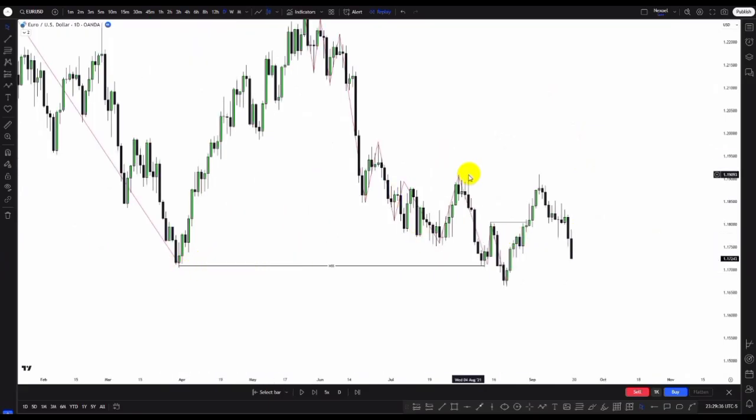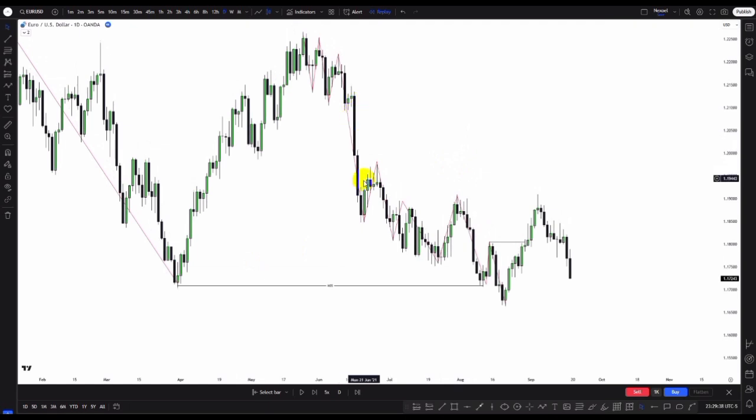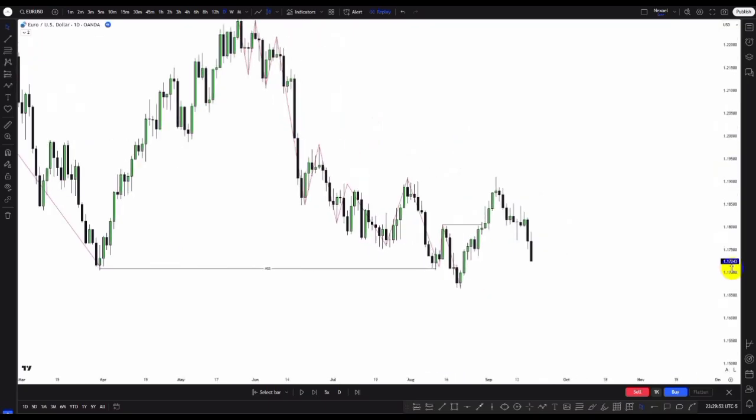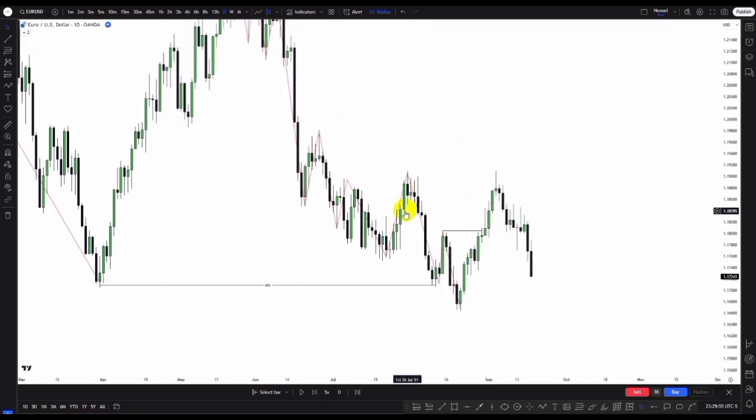And you can see we have fair value gaps here and here. The movement of price to the upside had the possibility of returning back into this fair value gap. But basically, the institutions will still move price just the way they want to. We can see they respect this swing high point, this up close candle before this bearish impulsive movement.